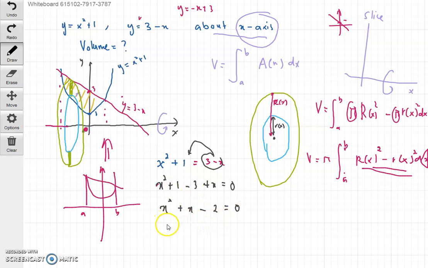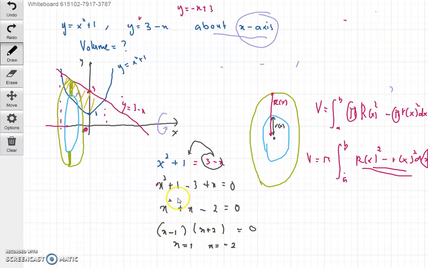So try to factorize this part. If we do the factorization technique, we get the values of x as 1 and negative 2. Sorry, the value here is not negative 1, it's supposed to be negative 2 here, and this is supposed to be 1 there.